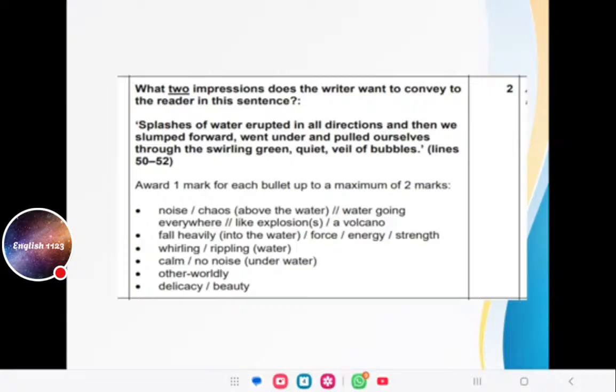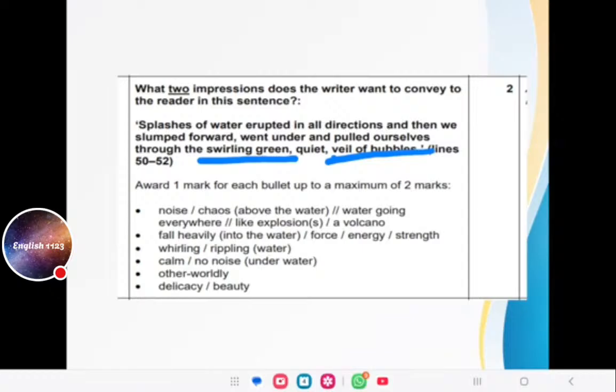So the word quiet is also giving another impression. And no noise underwater, otherworldly delicacy of beauty. And this part, this veil of bubbles or swirling green, is telling us how beautiful the life is underwater, or how beautiful the place is underwater.